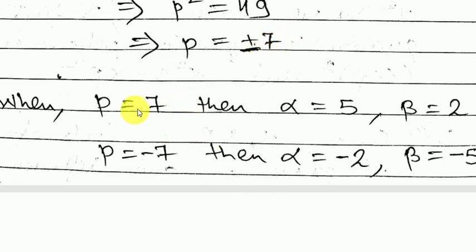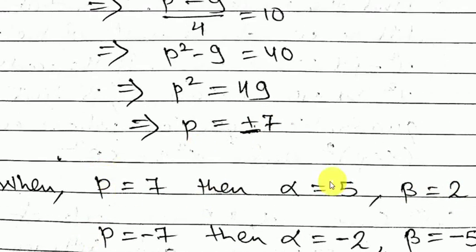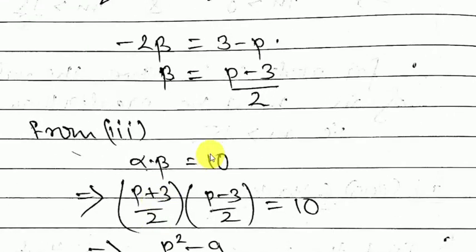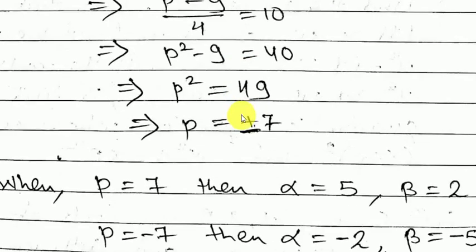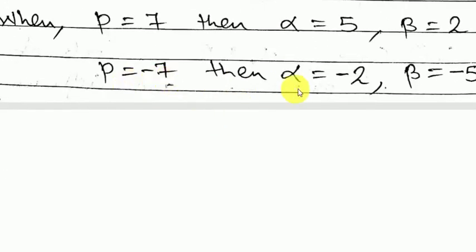If I take p to be 7, then alpha will be 5 and beta will be 2. In order to find alpha, you have to put this 7 in this equation. And when I take p equal to minus 7, I get alpha equal to minus 2 and beta equal to minus 5.